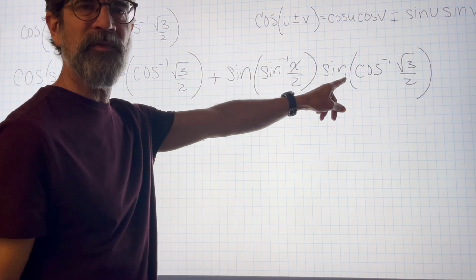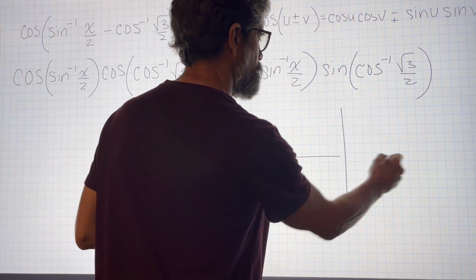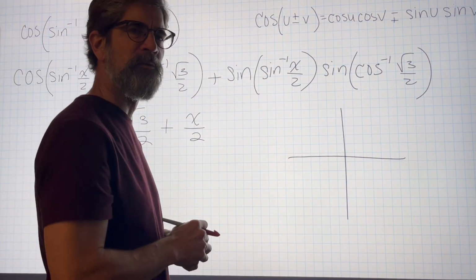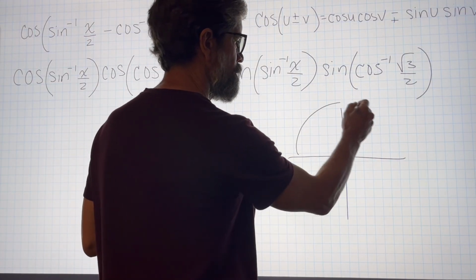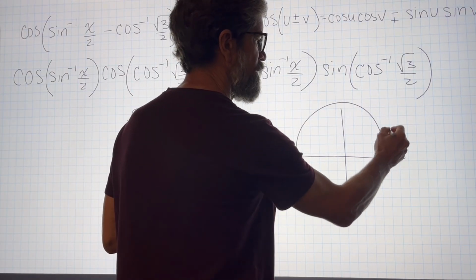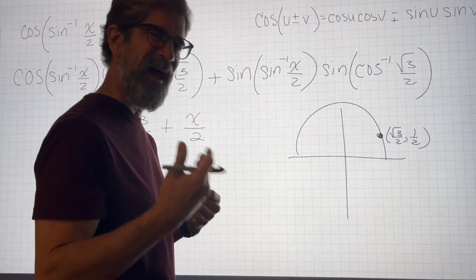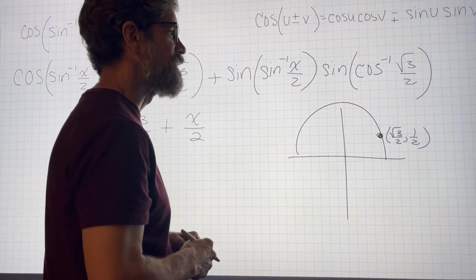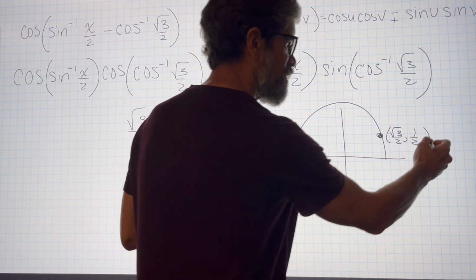All right, we can think about this one a little bit using a unit circle. Where is rad 3 over 2? The inverse cosine of rad 3 over 2. That's going to be an x-coordinate of rad 3 over 2, which is going to be here. Rad 3 over 2, 1/2 is the point, and the angle at that point is pi over 6.